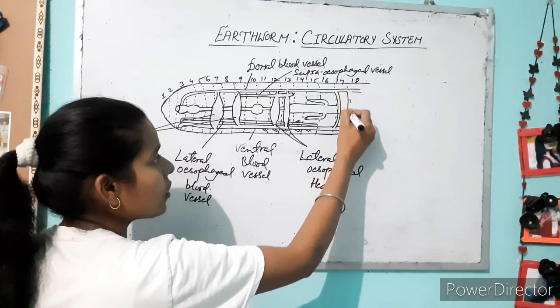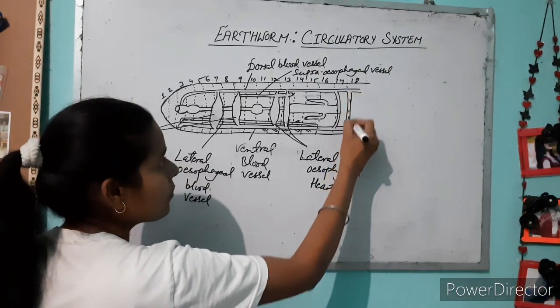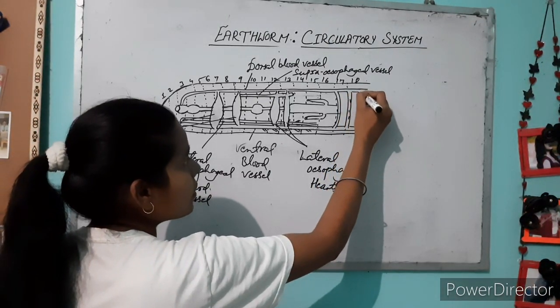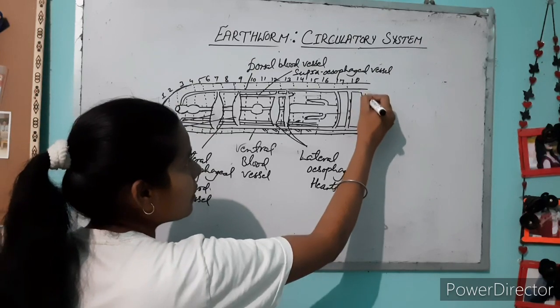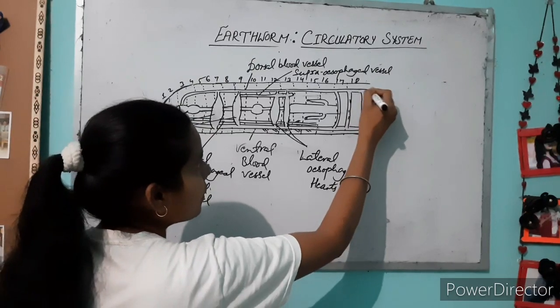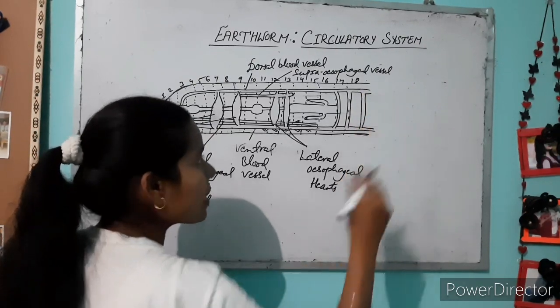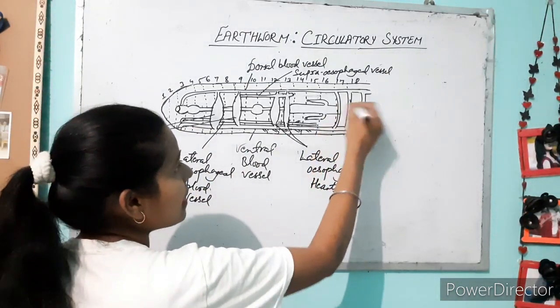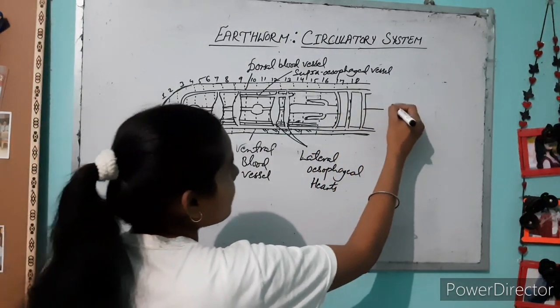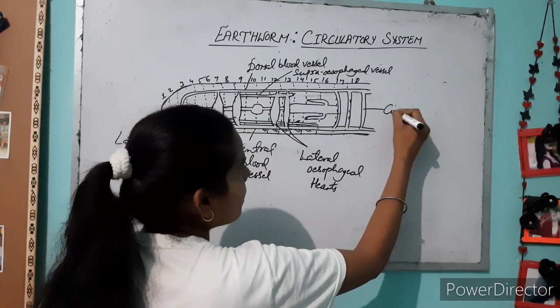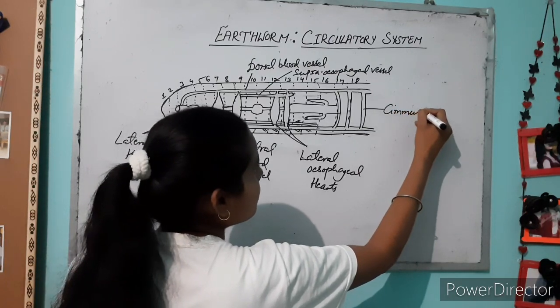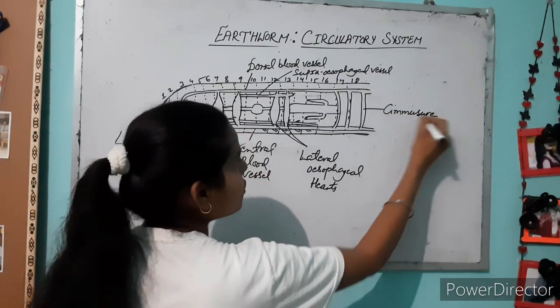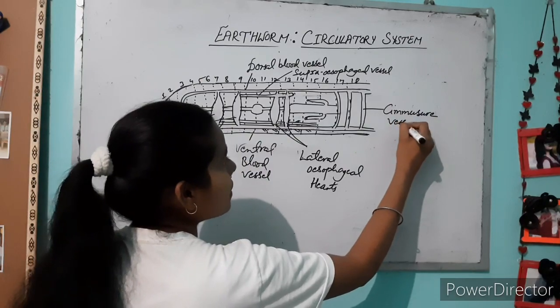Let me draw one or two tubes only, but there are several tubes till the last segment, and these types of tubes are known as commissural vessels.